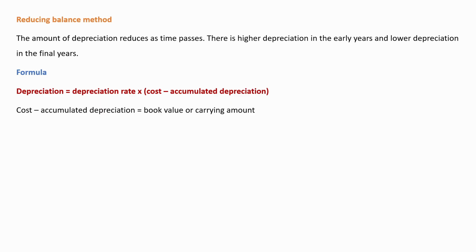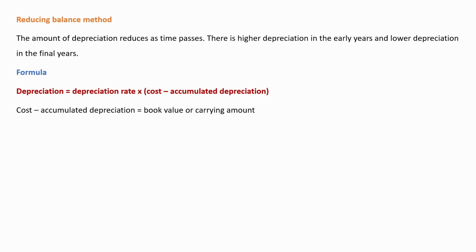So the items inside the brackets, that is the cost minus accumulated depreciation, they are also known as book value. That is how we find the book value, which is also known as the carrying amount. So if you take the book value, you multiply by the depreciation rate, you are going to get depreciation for the year.